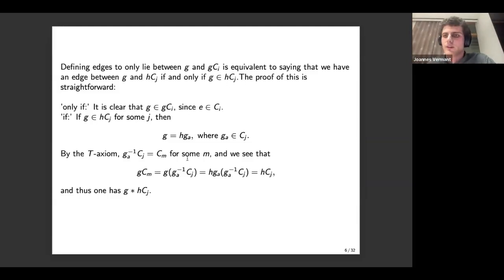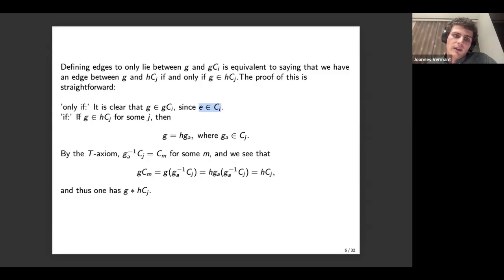And just to get used to these objects, we can look at the proof, which is more or less straightforward. If we put an edge between g and g times Ci, well, because we assume that each cell Ci contains the identity, this means that g will be an element of g times Ci, because in particular, g times the identity is an element of g times Ci.